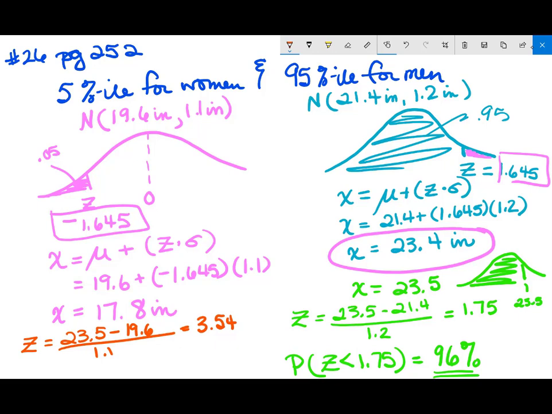We're going to look at 3.54 on StatCrunch, and we get 0.9997, which rounds to the probability of this comes out to be 0.9998. So 99.98% of the women would fit in a workstation where the knee height was set at 23.5. Only 4% of the men wouldn't fit. So that's how you would do those types of problems.